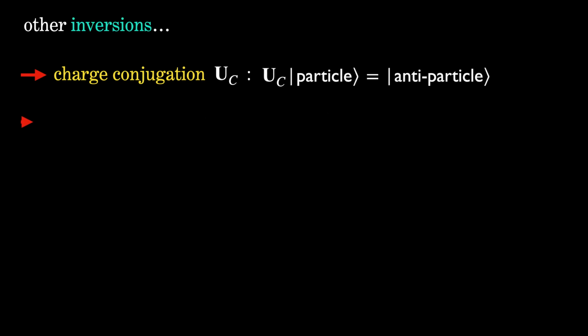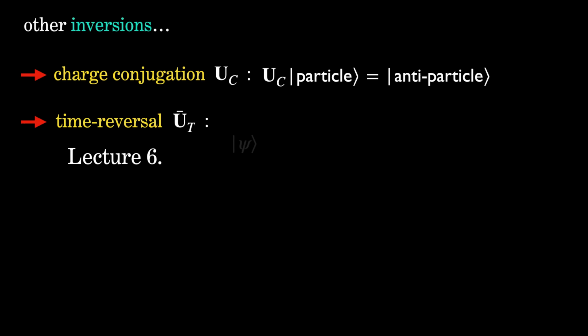This next inversion is qualitatively different from the other two. This is the time reversal transformation. We have developed this in detail way back in lecture 6. See the link in the description. This time reversal is implemented by this operator, U bar T. More about this operator in a minute.